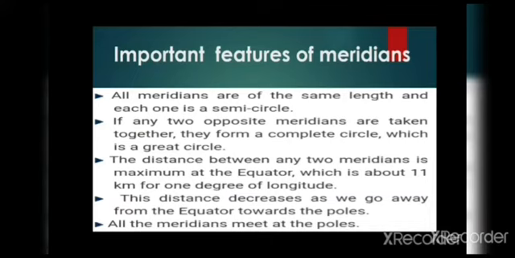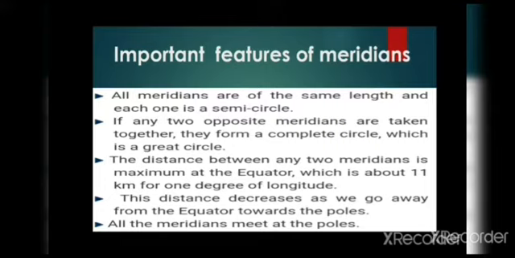Now, important features of meridians. All meridians are of the same length and each one is a semicircle. If any two opposite meridians are taken together, they form a complete circle, which is a great circle.